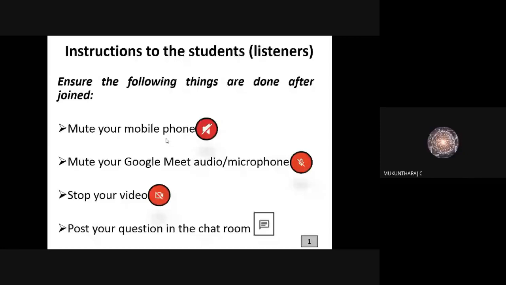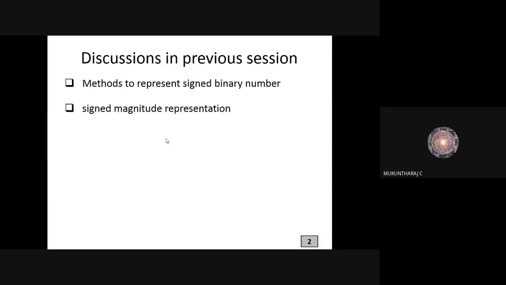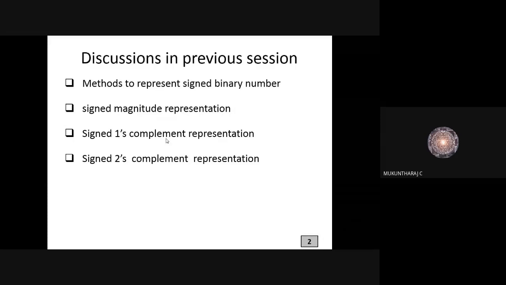So in this session, we are going to discuss digital logic gates, and the answers to the problems given in the previous session. In the previous session, we discussed methods to represent signed binary numbers: signed magnitude representation, signed ones complement, and signed twos complement.